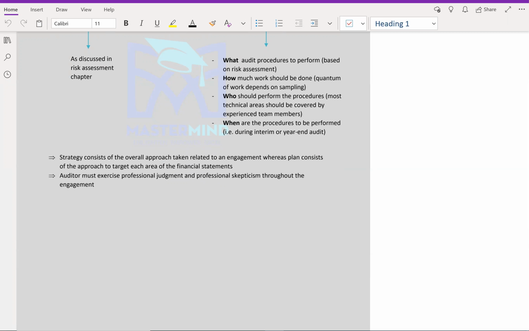In SOFP, you have different areas. In SOCI, you have different areas. Obviously, remember one thing. Something that has physical existence can be vouched. Something that is present there, at a point in time. For example, an asset. An asset is present there, at a point in time.